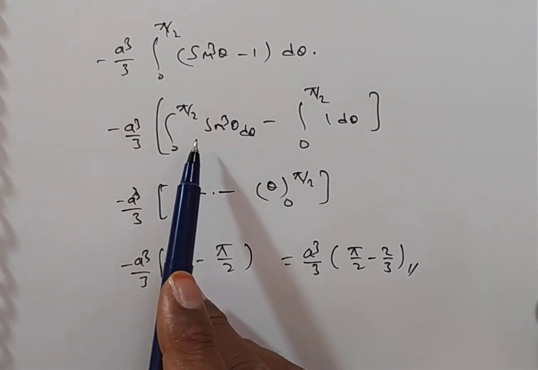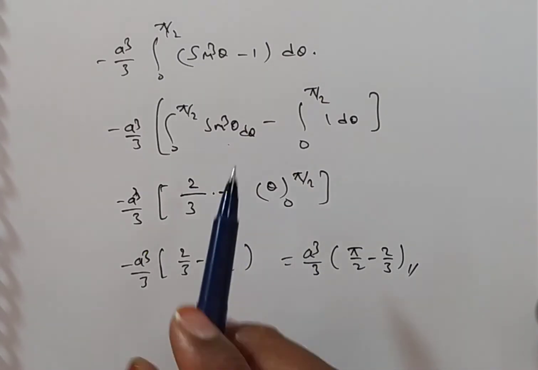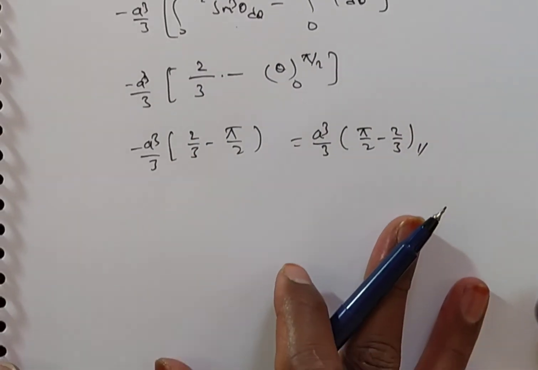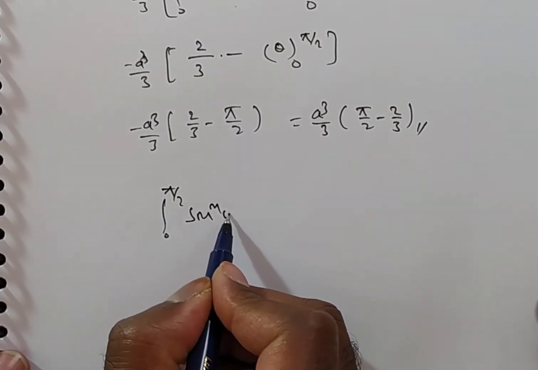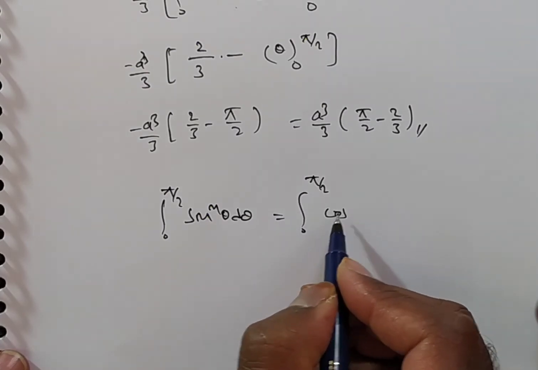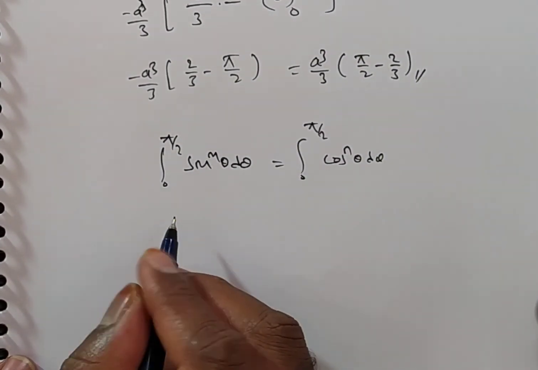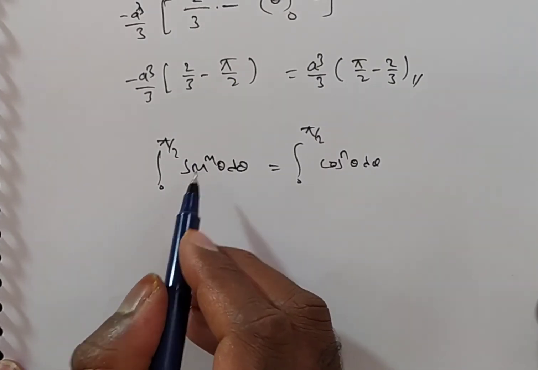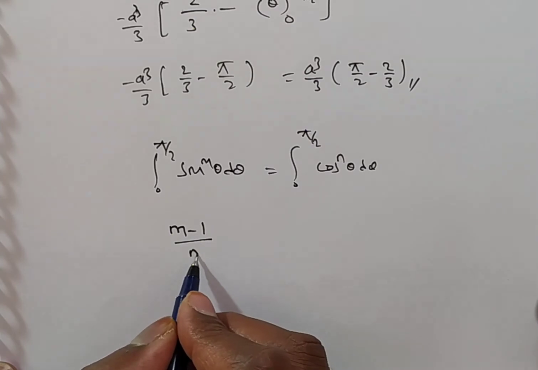Friends, you will get some doubt. Sir, how did you write this 2 by 3? From the Wallis theorem. Friends, you remember, whenever you have the integral from 0 to pi by 2 of sin to the power m theta d theta, or else the integral from 0 to pi by 2 of cos to the power n theta d theta, if the power is odd, then first you write m minus 1 by m.